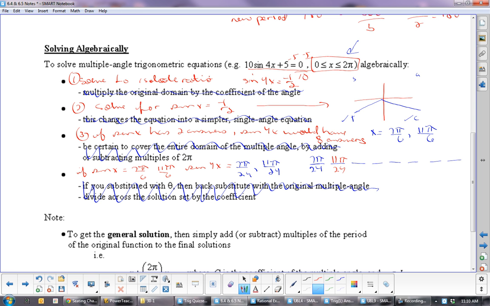Now, the way that you find this one and this one is just add the new period. So that's kind of 4 has two parts, A and then B. Find other answers by adding the new period to each.